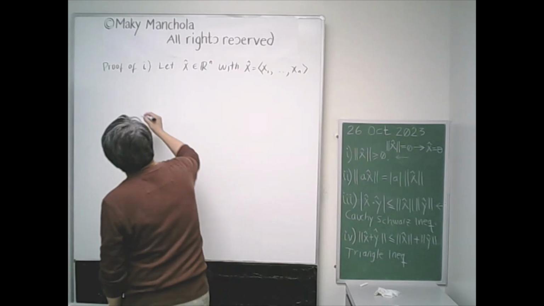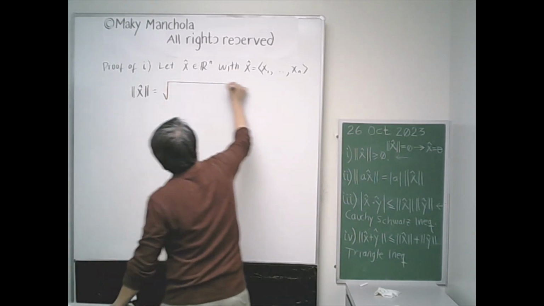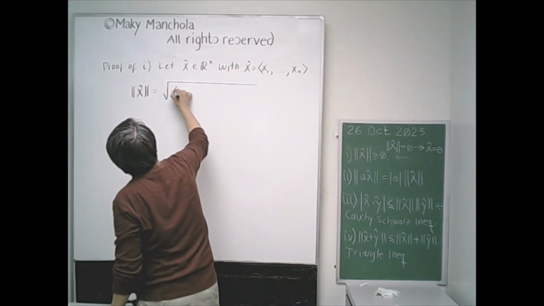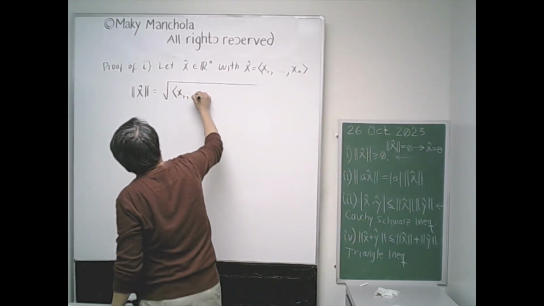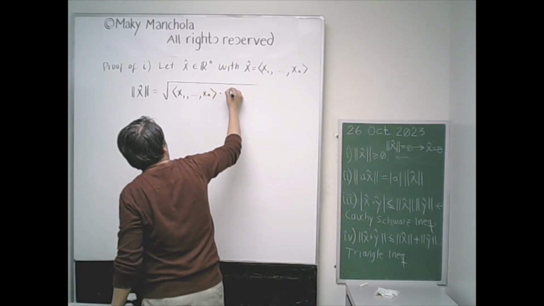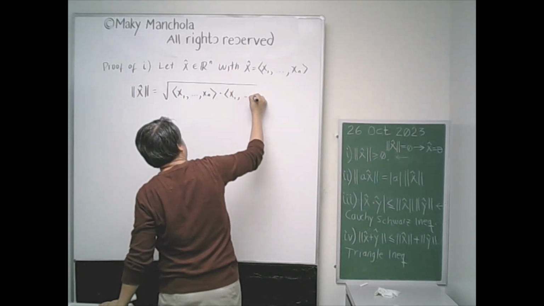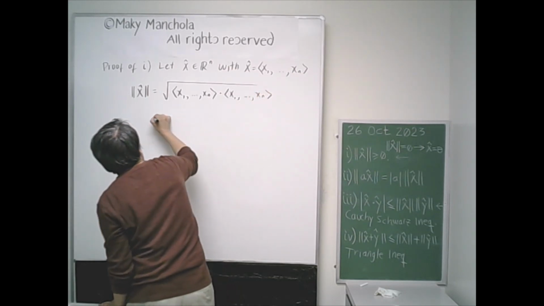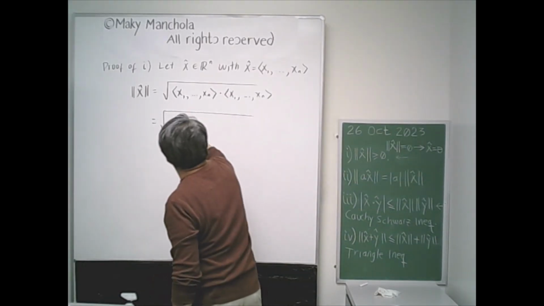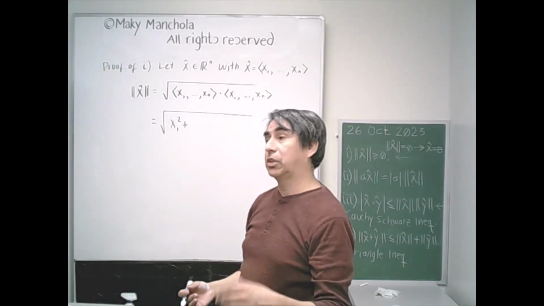By definition, the norm of x hat is simply the square root of this vector dot with itself. So it's x1, ..., xn dot product with x1, etc. xn. So what do we get? x1 squared plus x2 squared plus dot dot dot plus xn squared.